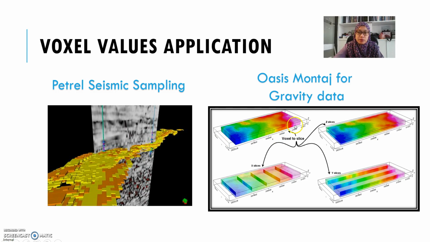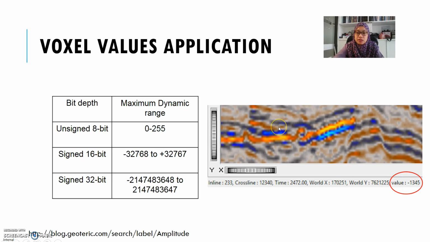Apart from that, we also use voxel values not just in seismic data. We can also apply this voxel value application to non-seismic data, such as gravity data and resistivity data, where we apply some colors, and you can see there are pixels in between these colors represented by different shadings.